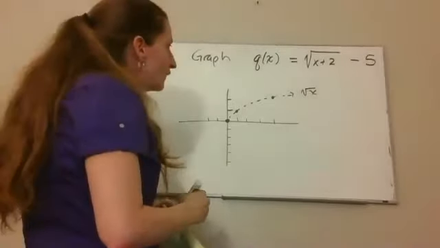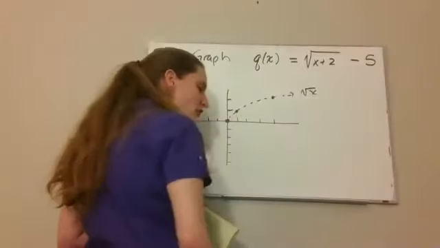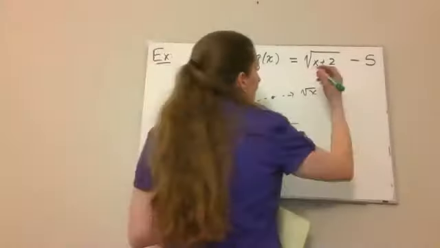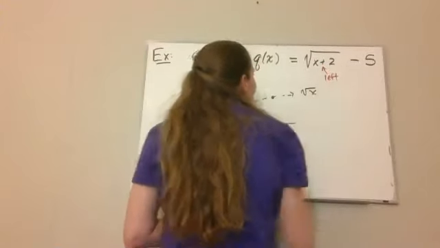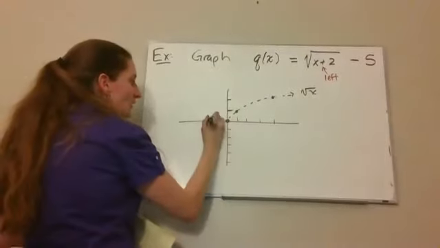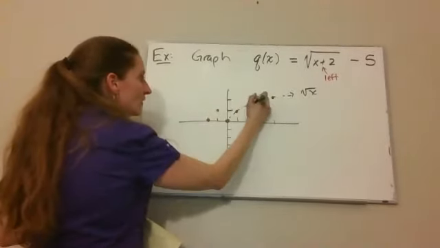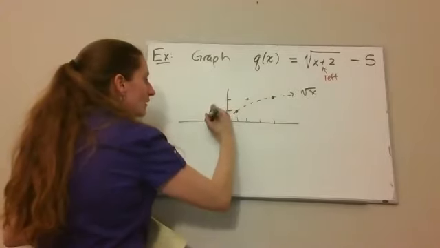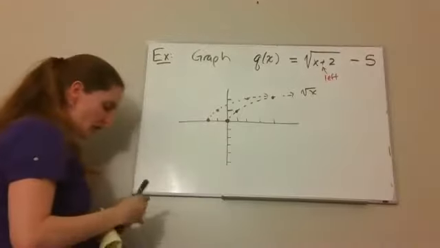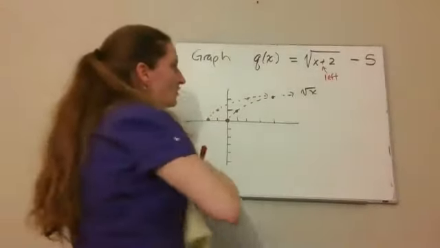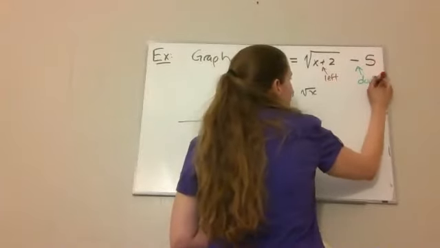So this plus 2, underneath that square root, means I'm going to go to the left 2 spots. So if I move everything to the left 2 spots, I have that shape, but now I also have to do this translation going down 5 spots.